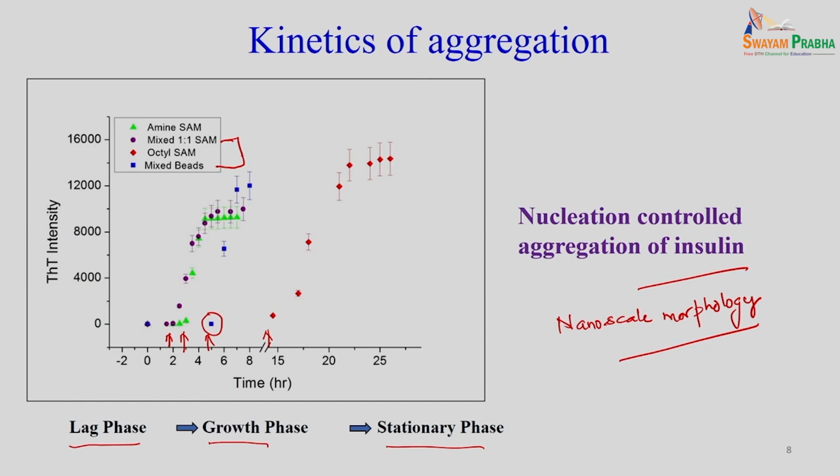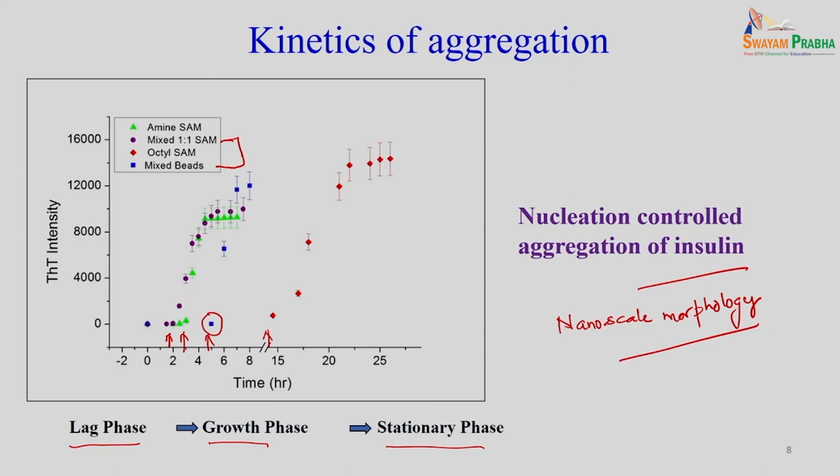So, apart from the functional group, the surface morphology or the structure of the different functional groups on the surface is also affecting the aggregation behavior of the insulin.